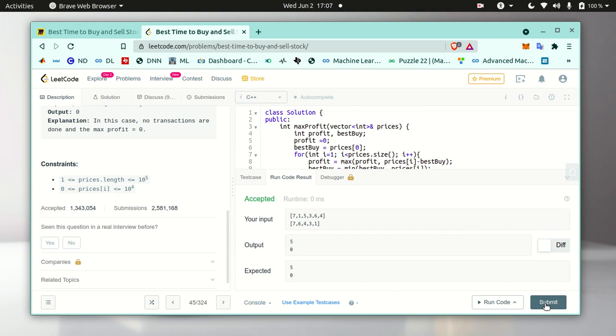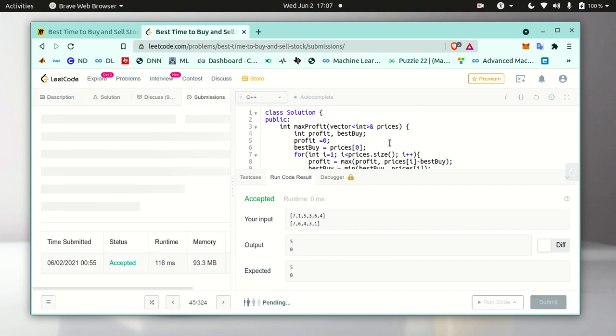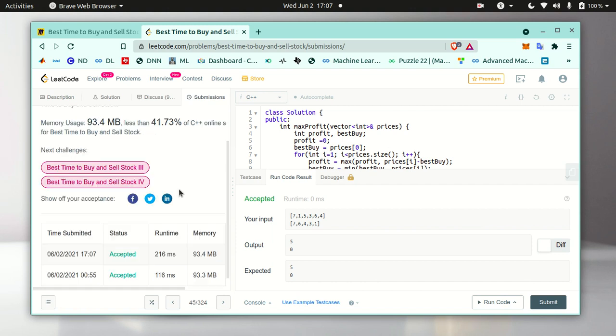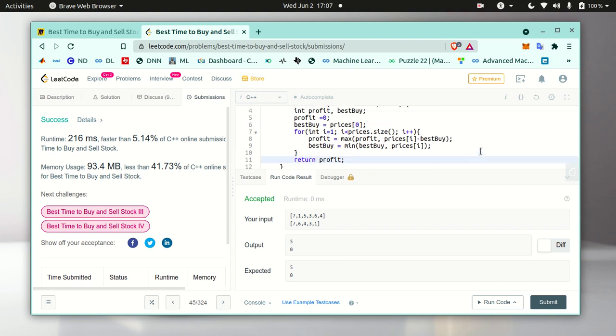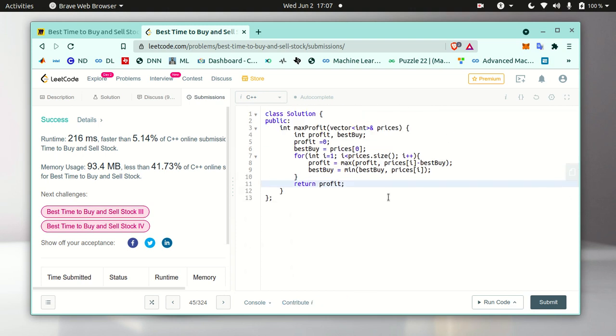So let's submit the solution. Okay, so this is it, and I think, can I, yeah, I think so. Let's initialize it here, and let's initialize it at the same line only.